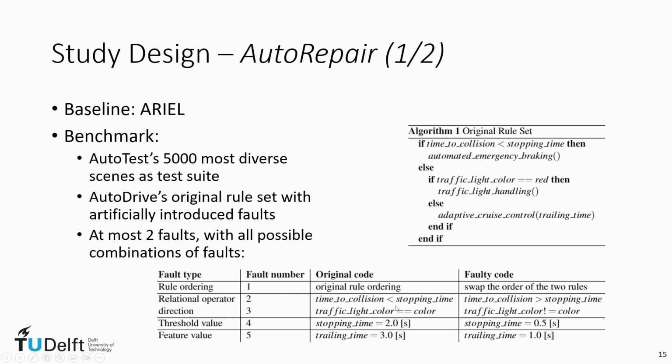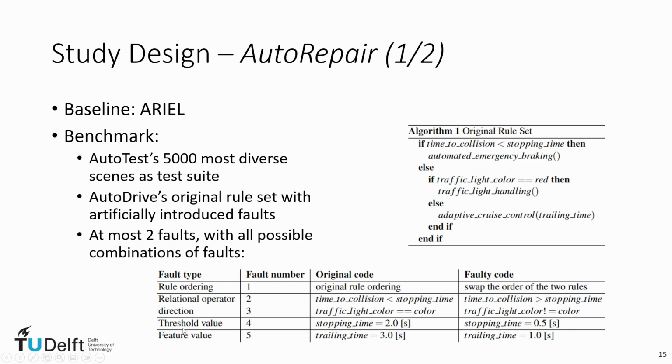For instance, if we have the statement that the time to collision is less than the stopping time, to make it faulty, we just invert the direction and make it larger than the stopping time. Same goes for equal signs. We can make it not equals.